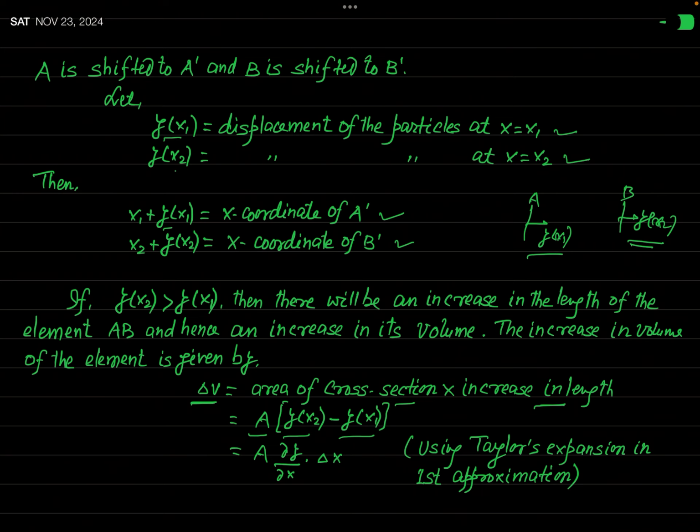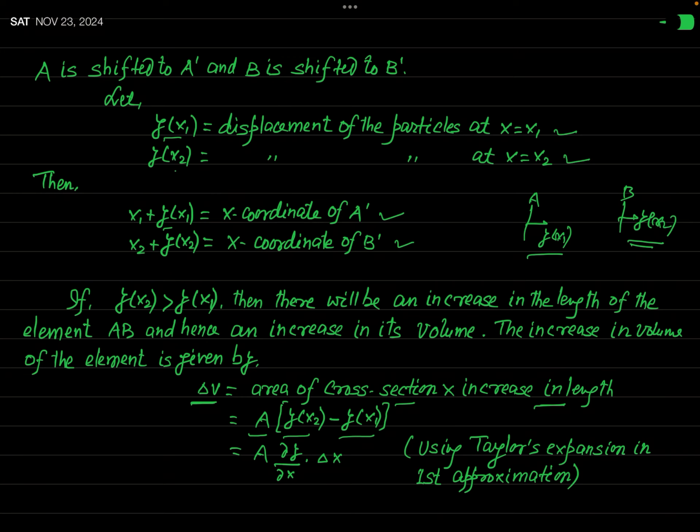How can we find the value of y of x2 minus y of x1? In my previous two videos on vibration of a string and on vibration of a rod, you used Taylor's expansion in first approximation for finding the value of y of x2 minus y of x1. So here I am not repeating the same thing. You can see my previous videos, where I have discussed in detail, using Taylor's expansion, how we can find this.